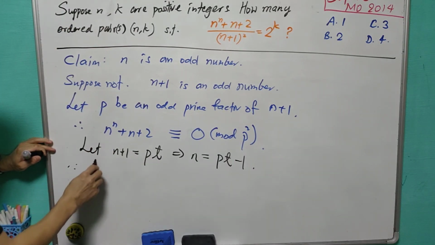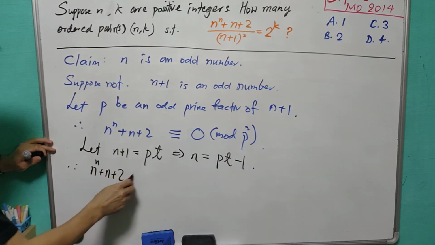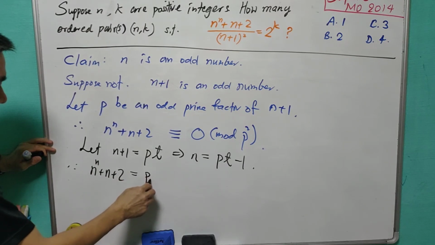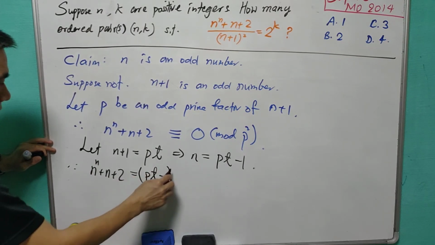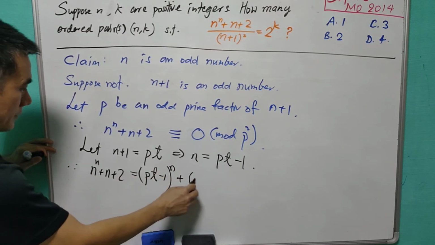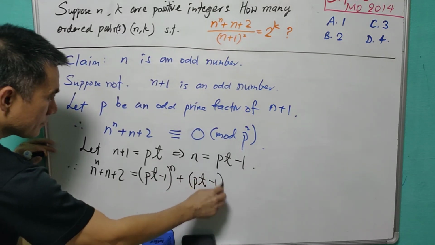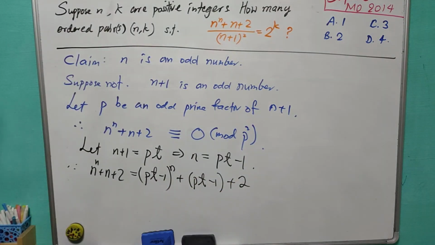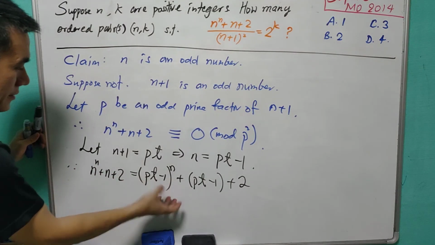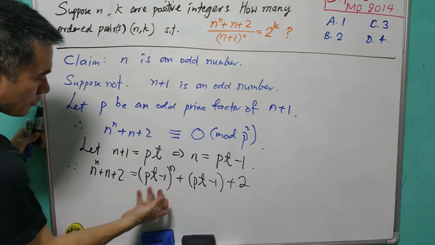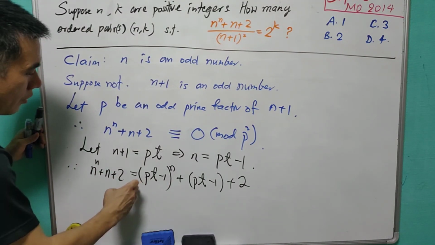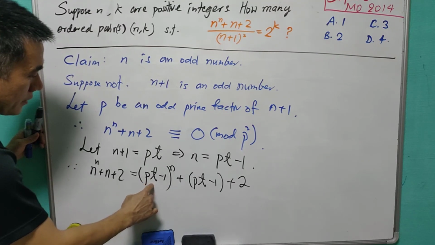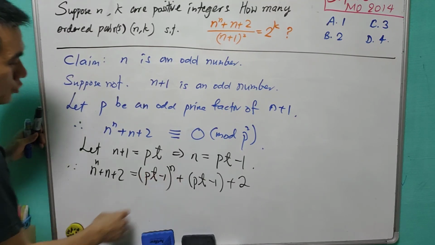Now, n to the power of n plus 2 will be equal to pt minus 1 to the power of n plus pt minus 1 plus 2. Using the binomial theorem, when we expand pt minus 1 to the power of n, we will ignore all the terms where pt has power at least 2.